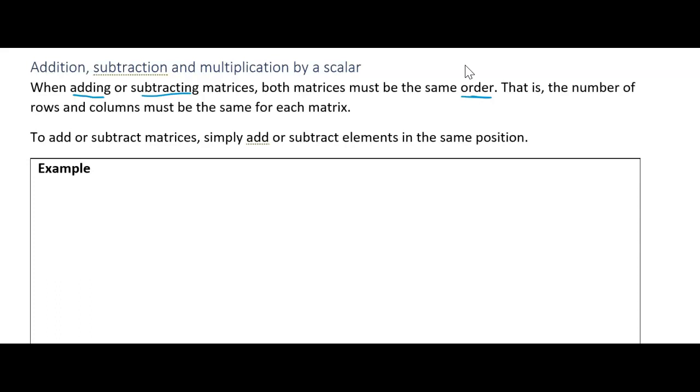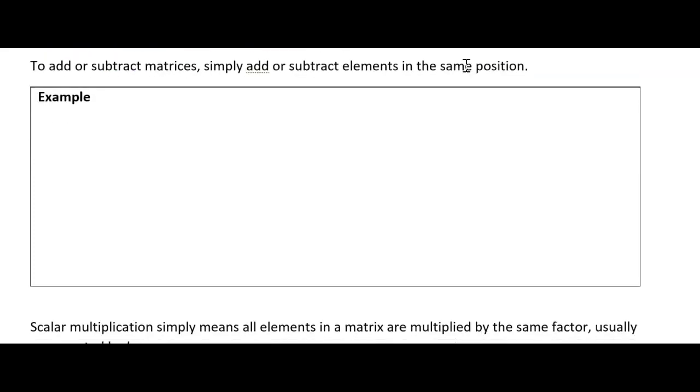Let's do a quick example because adding and subtracting is not that difficult. I'm going to make one up and add it to a matrix that also has to be a 2 by 2 matrix. So we've got 0, 3, -10, 5.